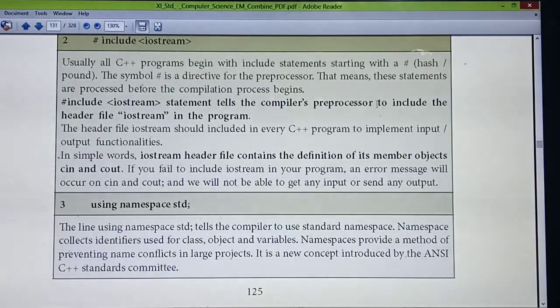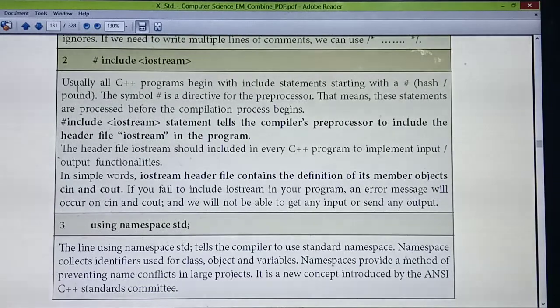Under the heading hash include iostream, starting from here: the hash include iostream statement tells the compiler, till this output. Here one more point you should write near the question or in your notebook.